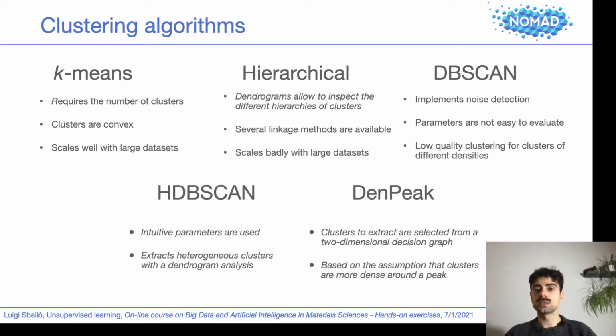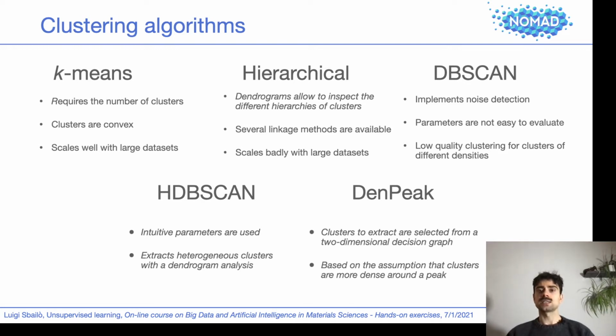We have seen two different linkage criteria that are going to be covered also in this hands-on session, which are the Ward and the single linkage. On the other hand, we have seen that hierarchical clustering also scales quite badly with large data sets.